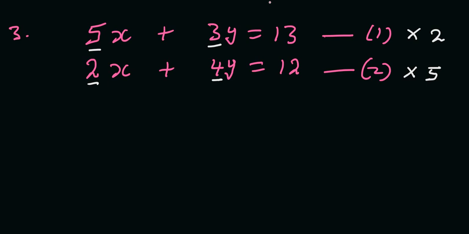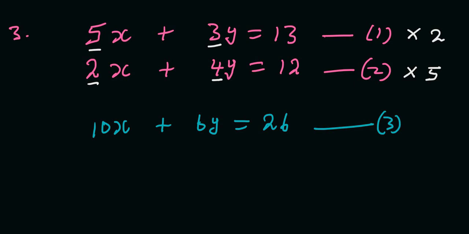So now, 2 times 5x is 10x. 2 times 3y is 6y. And 2 times 13 is 26. So we have 26 here. We can label this as equation 3.